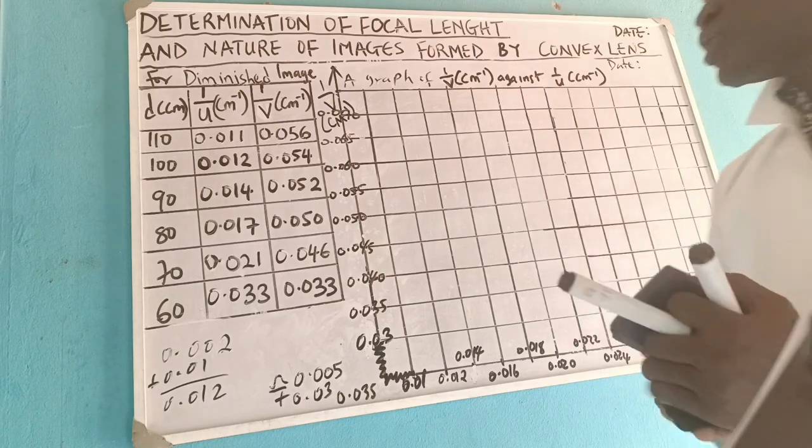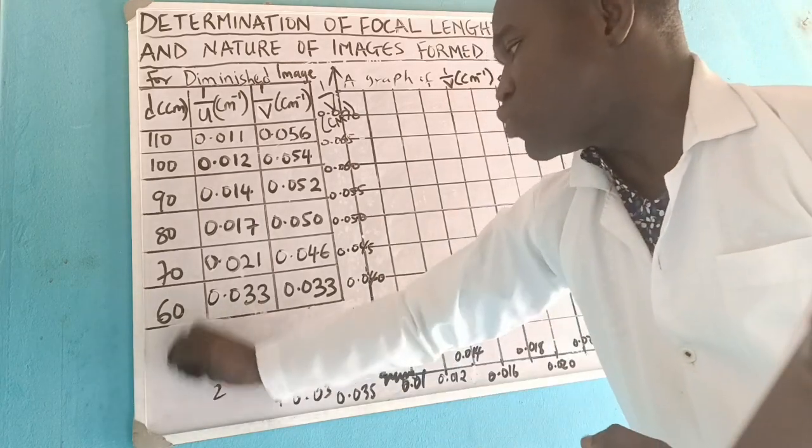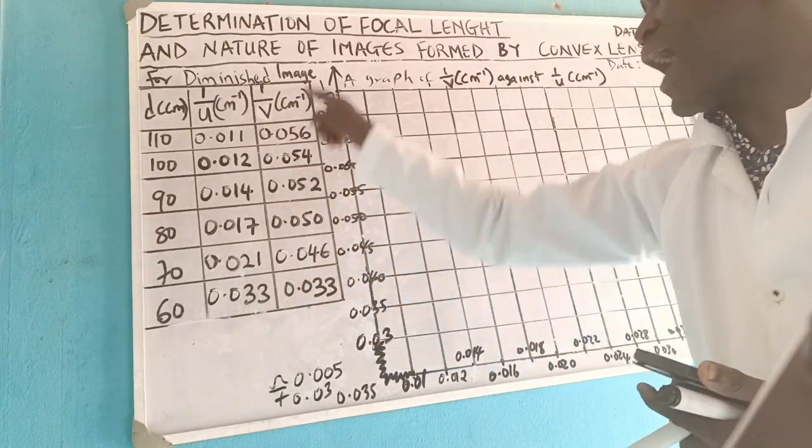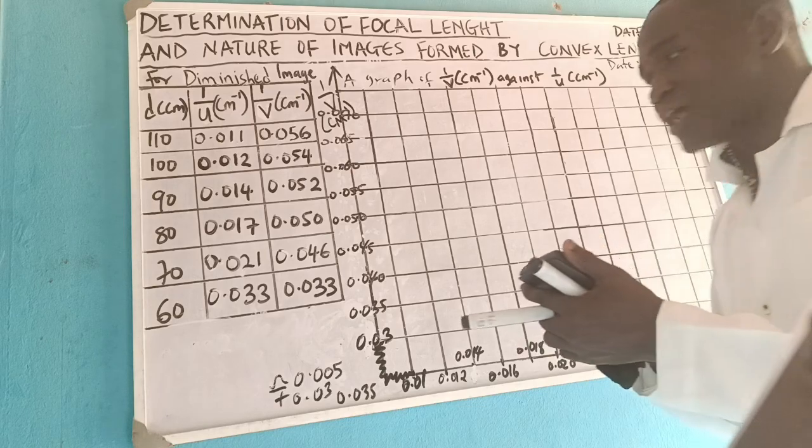Now, I must tell you that before you do this plotting, try to get the mean of 1 over u and mean of 1 over v. Let's see how to get it.